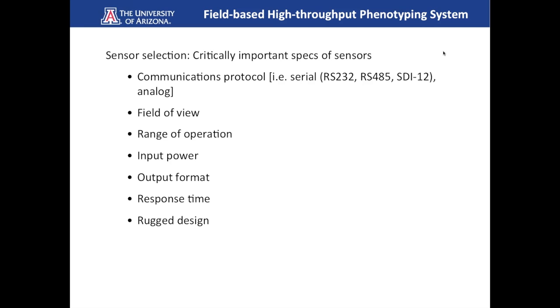Range of operation. There are parts in the range that are measuring things with accuracy, but sometimes they can get either too close or too far away, and the accuracy diminishes. So you need to observe what is that proper range of operation.